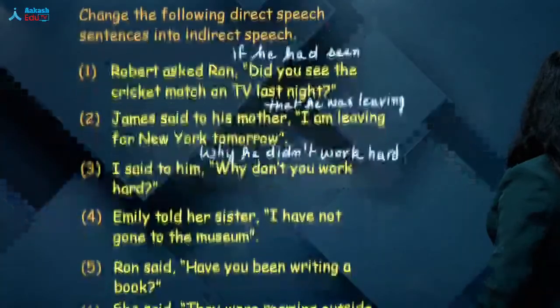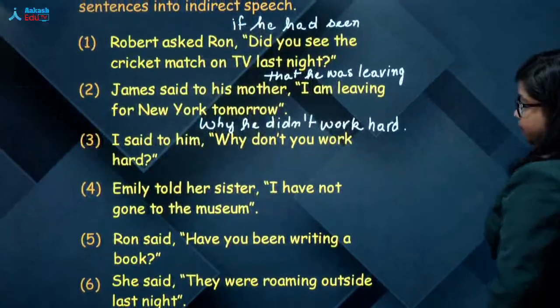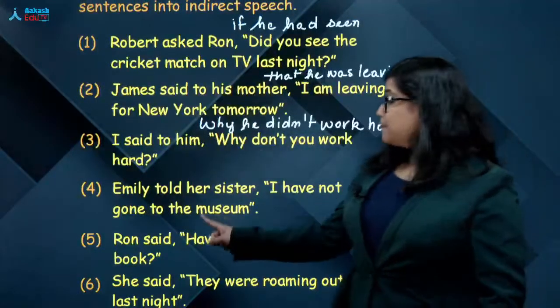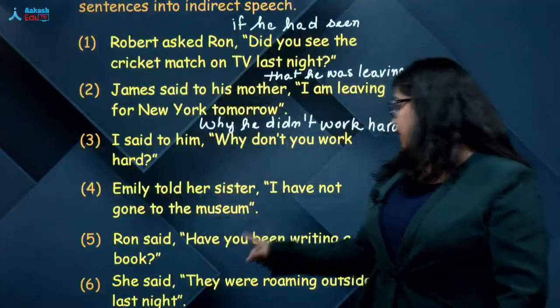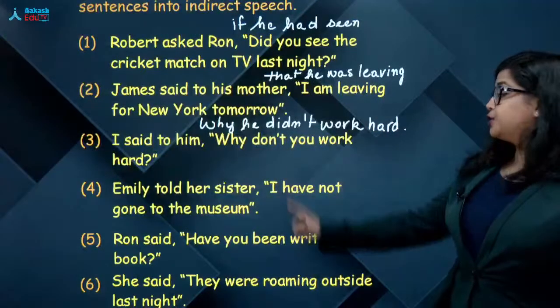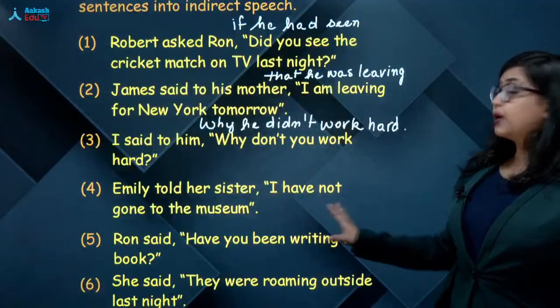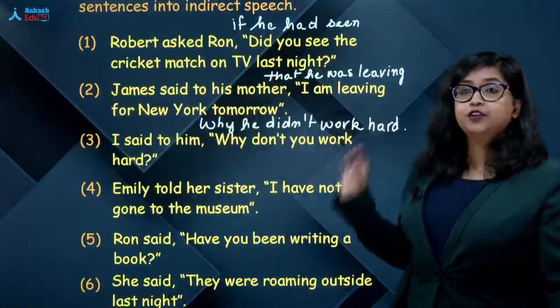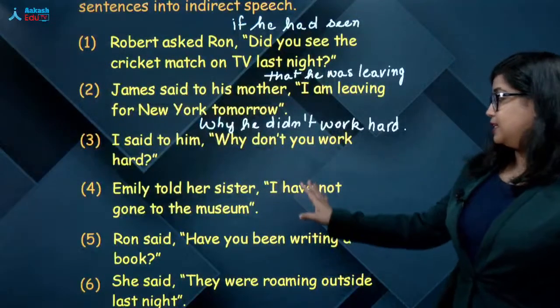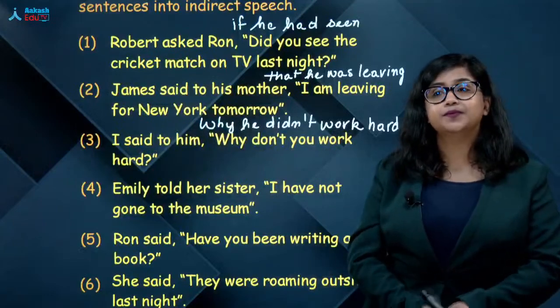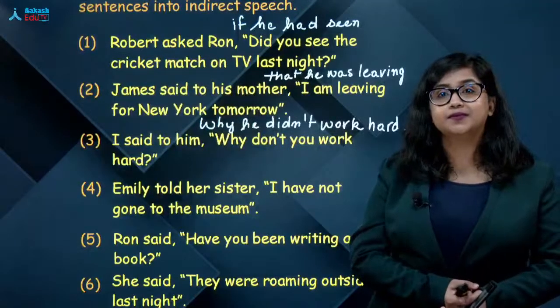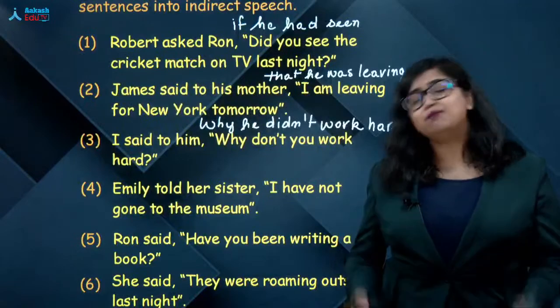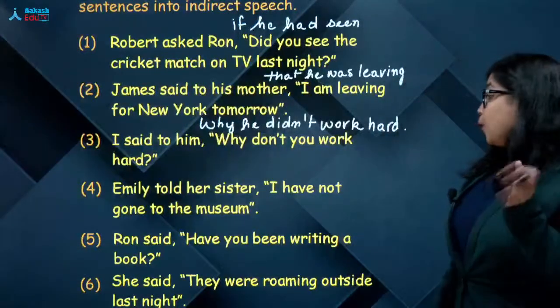Moving ahead with the next question. Now, Emily told her sister, "I have not gone to the museum." Look at the question carefully. First of all, guess the tense of this sentence. Yes guys, you are absolutely right. Well done.